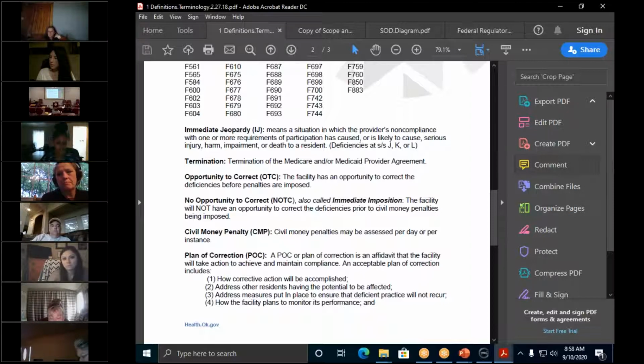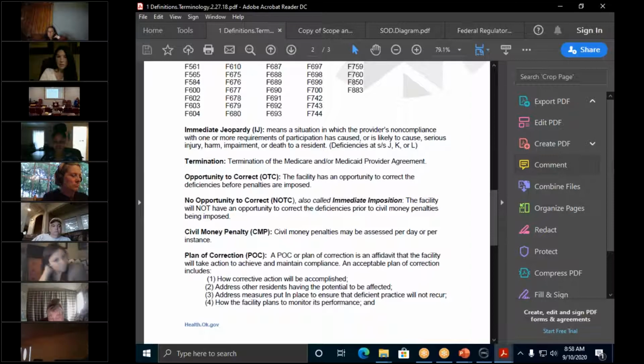Now, for example, we said the survey was today, they're exiting today, and they cited us maybe 5 deficiencies and nothing is higher than an E. That's an opportunity to correct. The facility has an opportunity to correct deficiencies before the penalties are imposed.